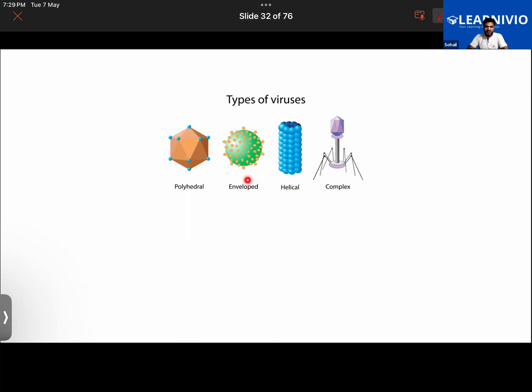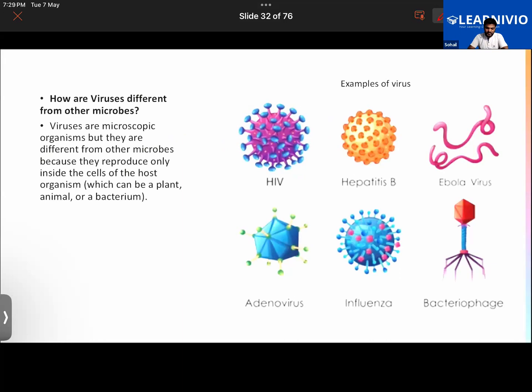The COVID virus also looks somewhat similar to the HIV virus. The shapes you see over here, this is enveloped, this is also enveloped, this is enveloped. This is polyhedral. This one is complex.